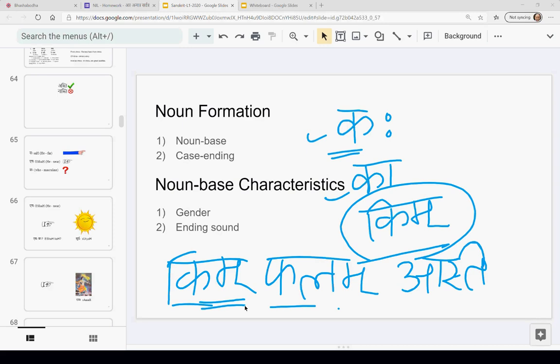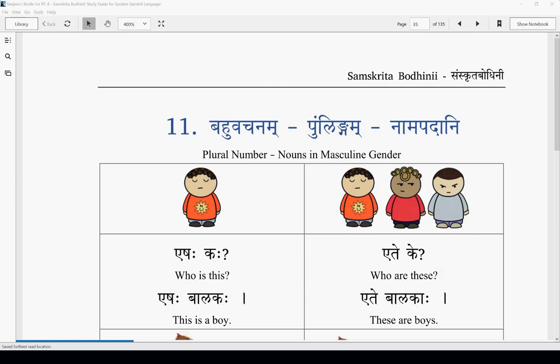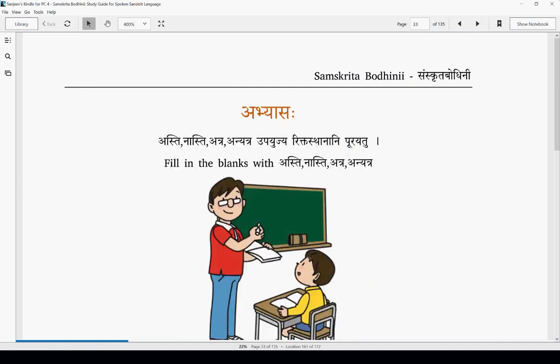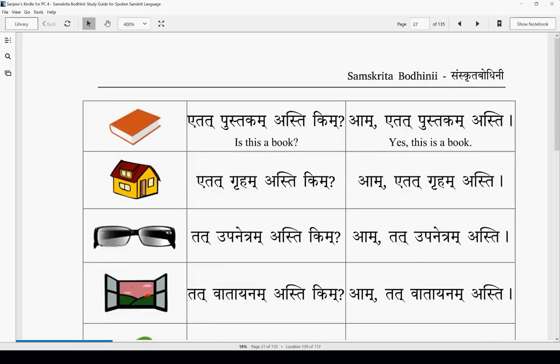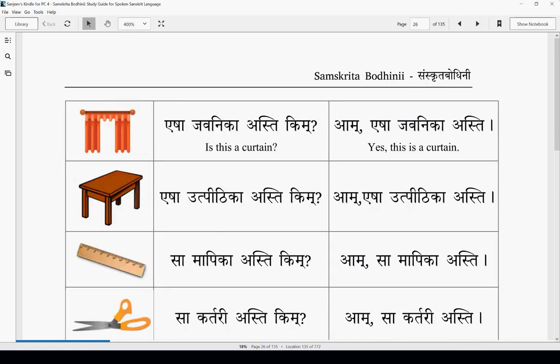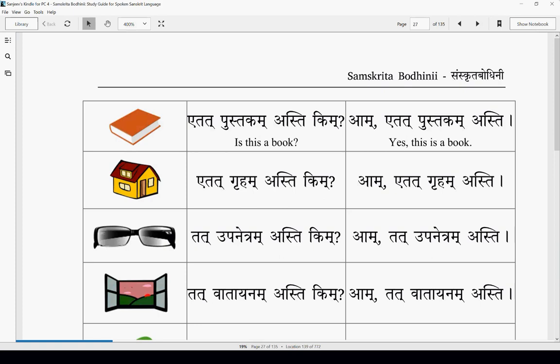Here's the tone. Now, the other sentences we studied, probably last week, let me open that. Etat pustakam asti kim.